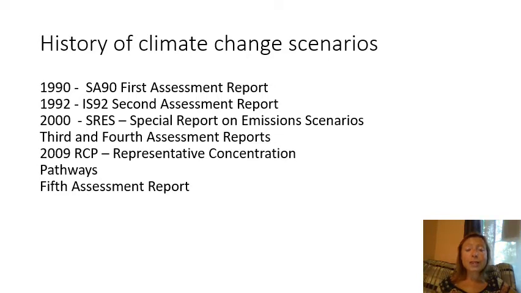Since then the IPCC has published 5 major assessment reports, always published every 5-6 years. It's a whole cycle of processing lots of research and scholarly literature from around the world. And in between, it also publishes many special assessment reports.